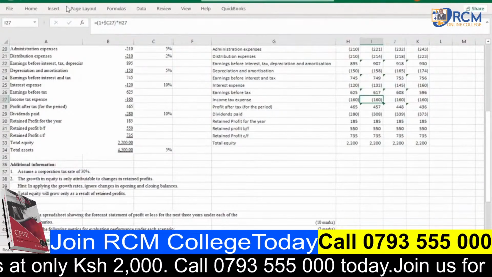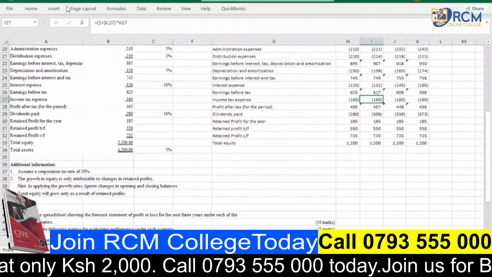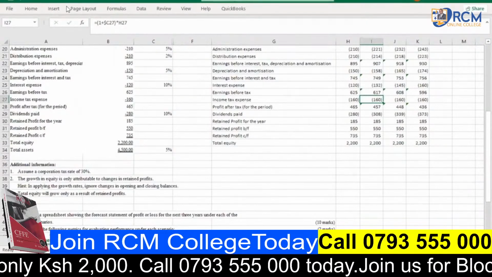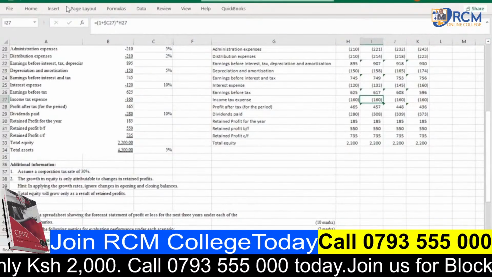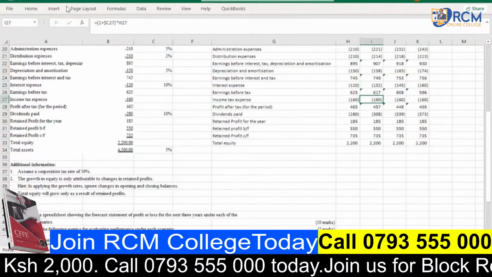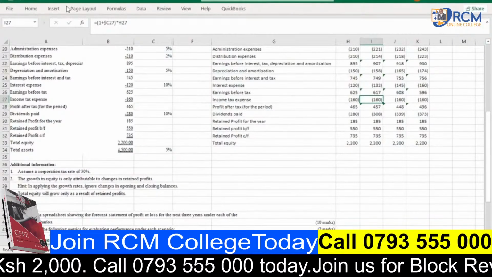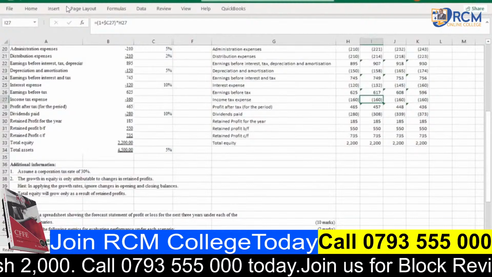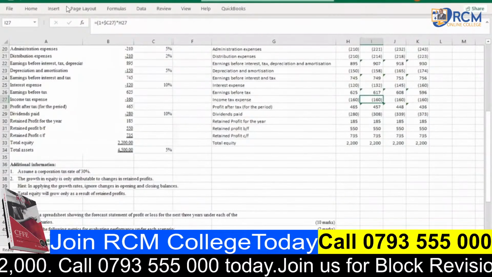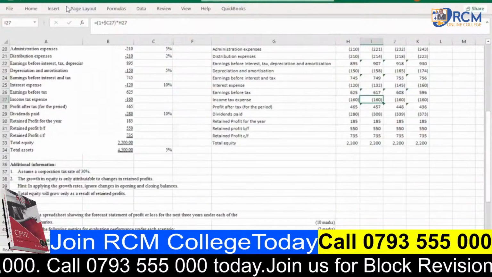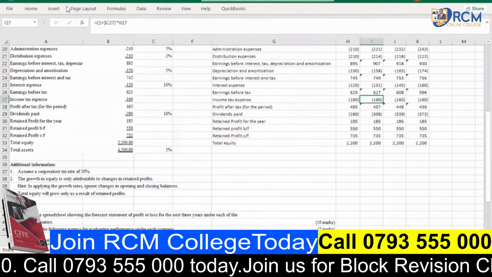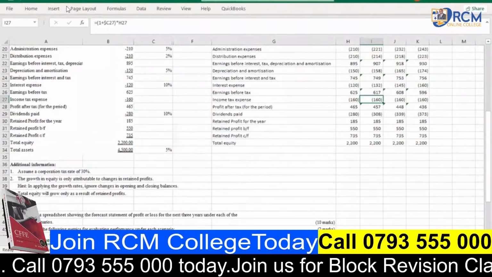Sasa hapo ndio iko na rudia swali. I want the tax for 2023, 2024 and 2025. But 2023, because once you get for 2023, we'll apply the same to get for 2024 and 2025. To 32.5, how are we getting that? Retained earnings were taxed in the previous trading period.